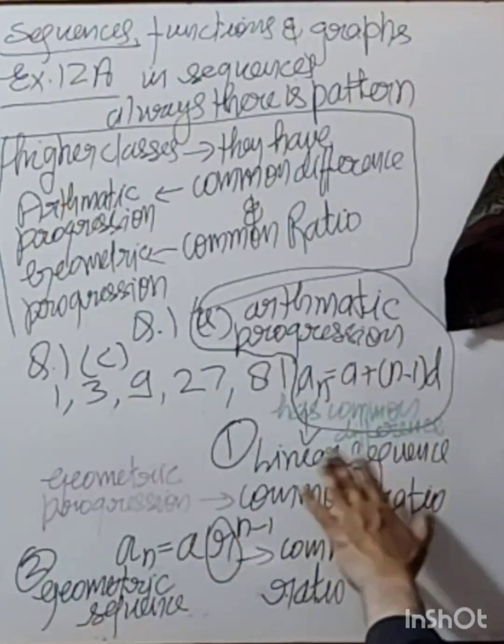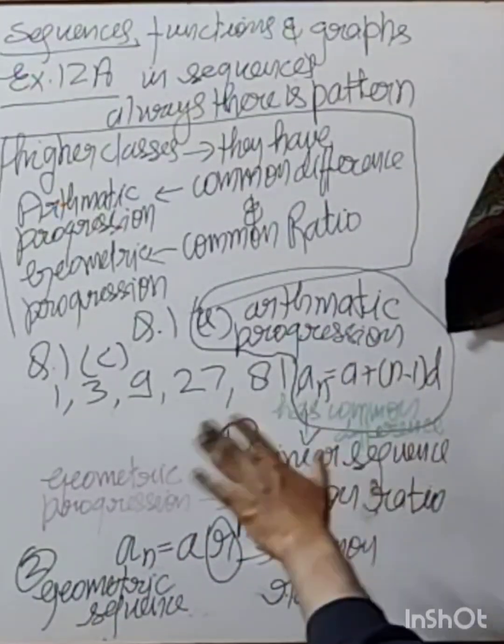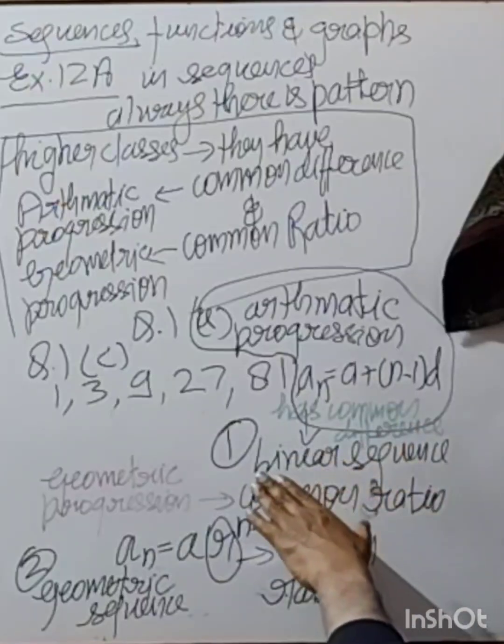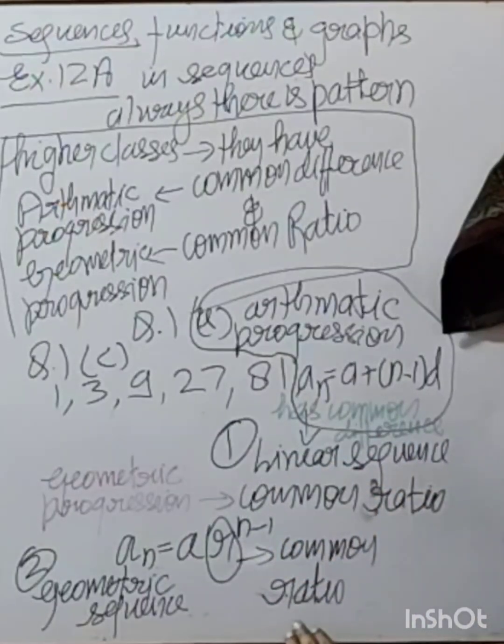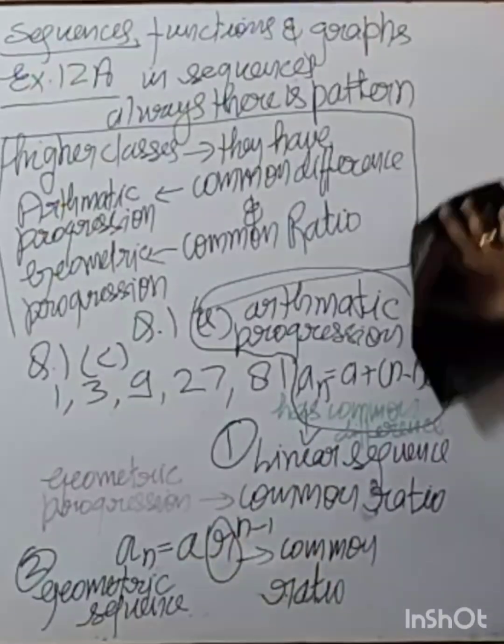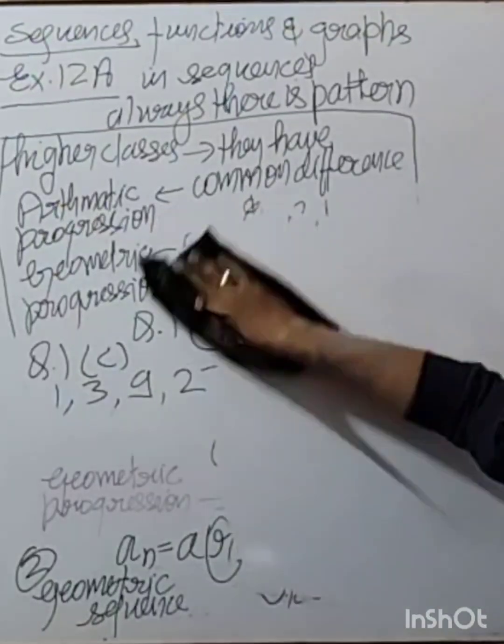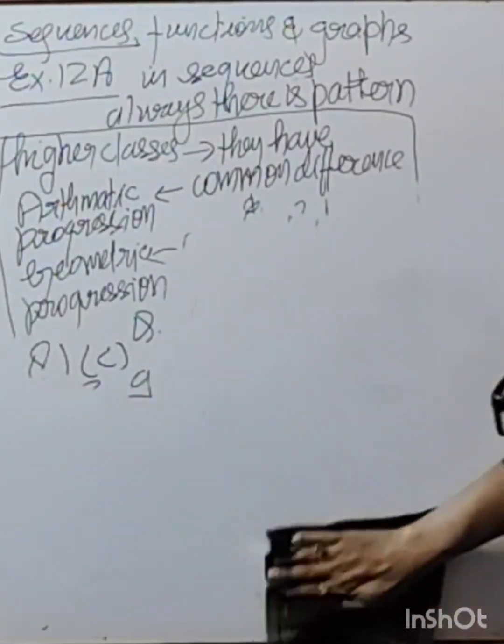So what I told you, that is in your syllabus: arithmetic progression, linear sequence and geometric sequence. Common difference, common ratio, and then they have quadratic sequence.